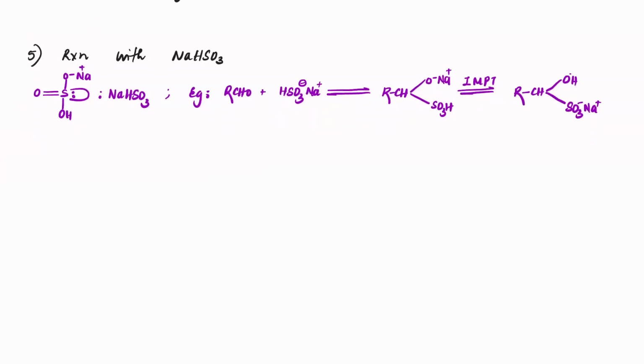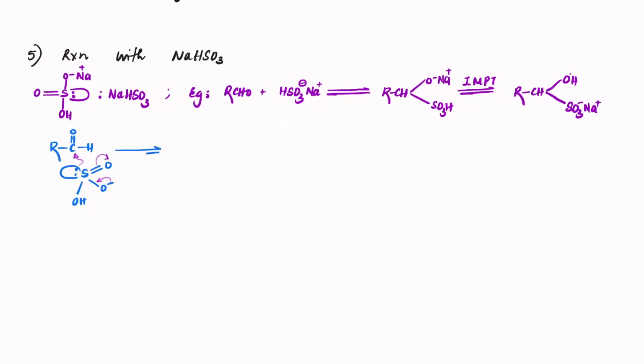Okay. If you notice the mechanism, it's simple. All you need is the aldehyde here, C double bond O, and the lone pair present on the sulfur will be the attacking species. So this lone pair will attack. This bond will close, and it will open from the other end.